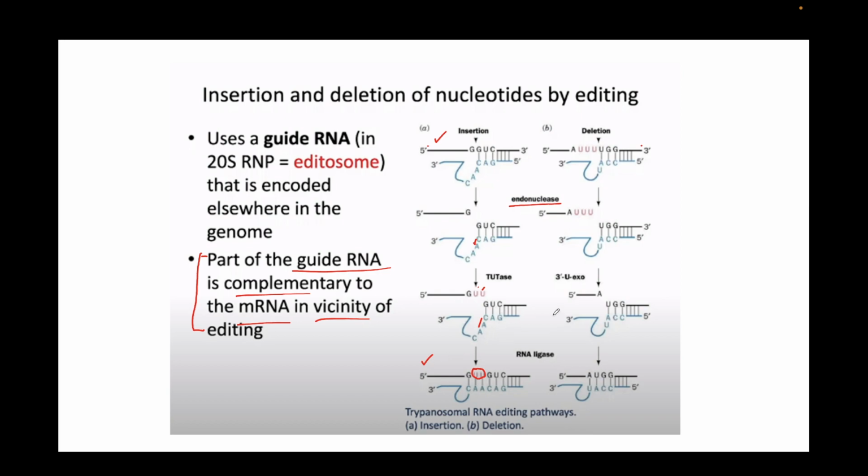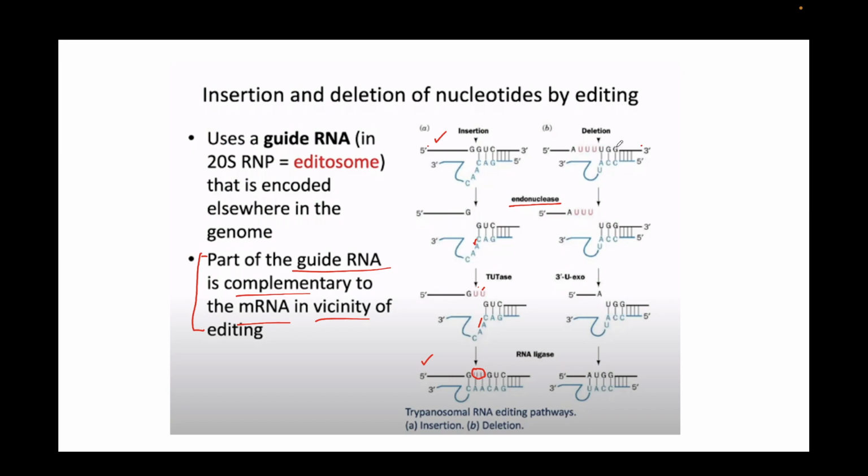So next thing is deletion. If we want to delete these three U's from our RNA of interest, that is the 5' to 3' nucleotide sequence. Always remember, RNA is single stranded, that's why it is shown as a single black string, and this blue one is the guide RNA. So here also we have a guide RNA which is complementary to the vicinity of the target sequence.